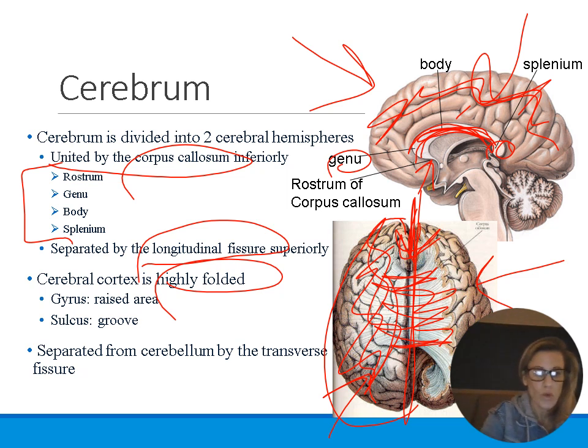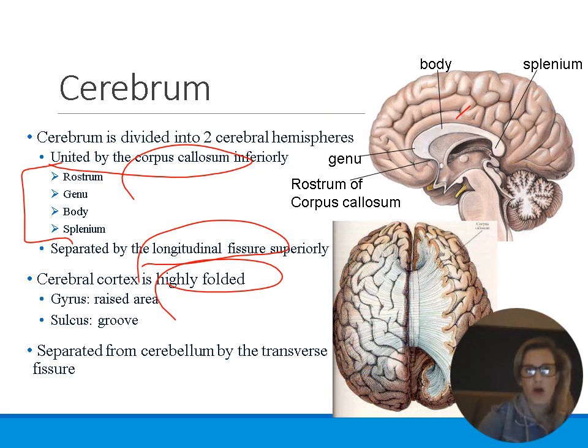Looking at these folds, all of the raised areas are called gyri. Gyri is plural, just one is a gyrus. So each of these little raised areas of gray matter is a gyrus.